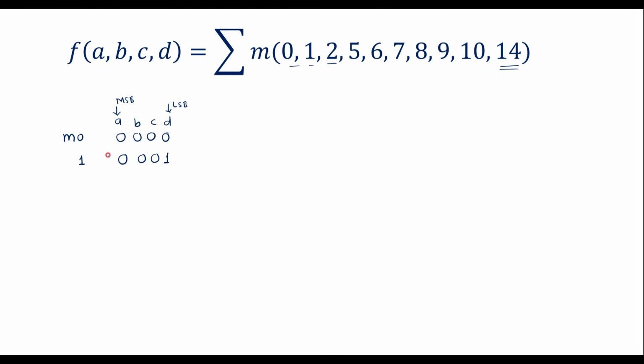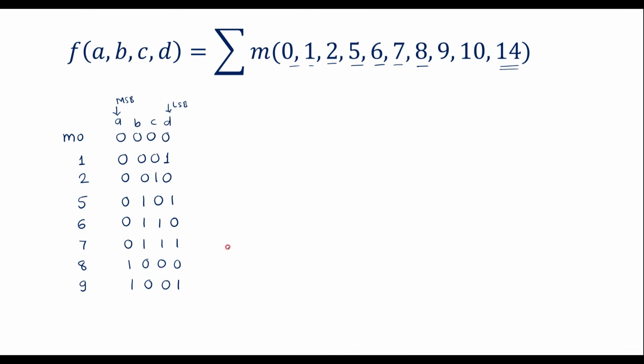Minterm 2 is 0, 0, 1, 0. 5 is represented as 0, 1, 0, 1. 6 is 0, 1, 1, 0. 7 is 0, 1, 1, 1. 8 is 1, 0, 0, 0. 9 is 1, 0, 0, 1. 10 is 1, 0, 1, 0. And 14 is represented as 1, 1, 1, 0.